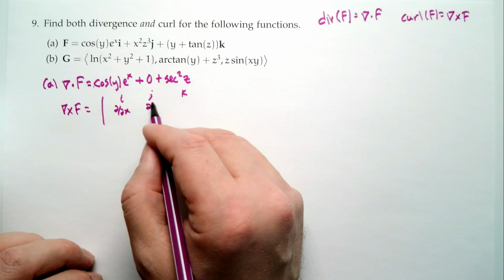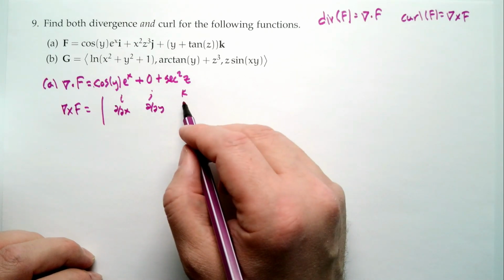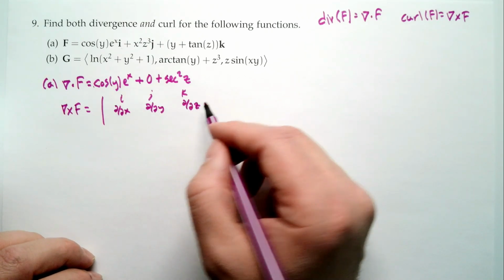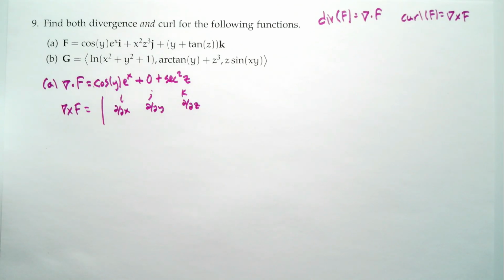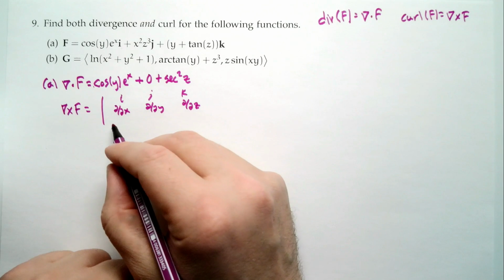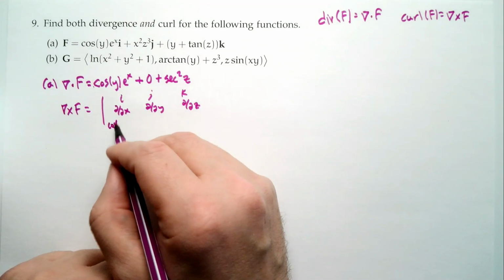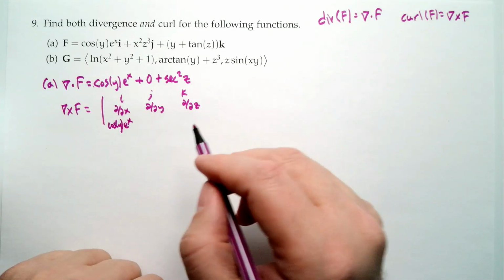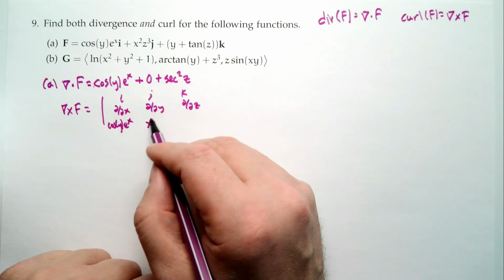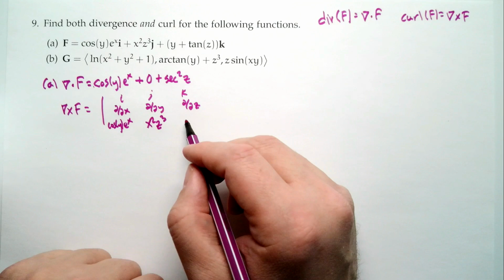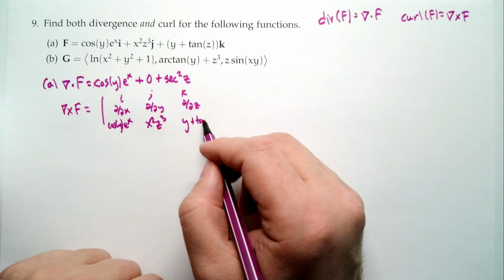Partial x, partial y, partial z. Remember, del is the set of partial derivatives. And then your f goes in the last row: cosine of y e to the x, then x squared z cubed, and then y plus tangent z.